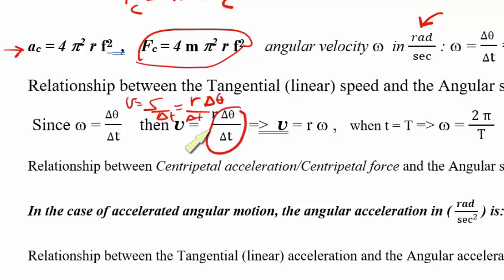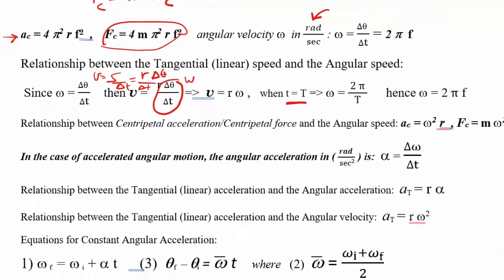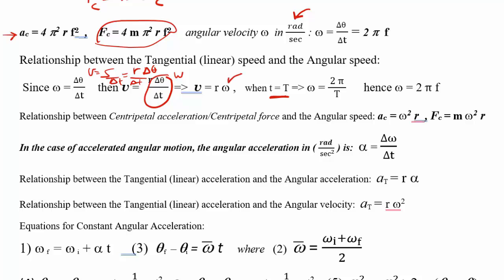And since delta theta over delta t is omega, v is r times omega. And recall that when the time is equal to the period, omega can be replaced by 2 pi over the period. And therefore we can write the centripetal acceleration as omega squared times r. And the centripetal force is the centripetal acceleration times the mass m.